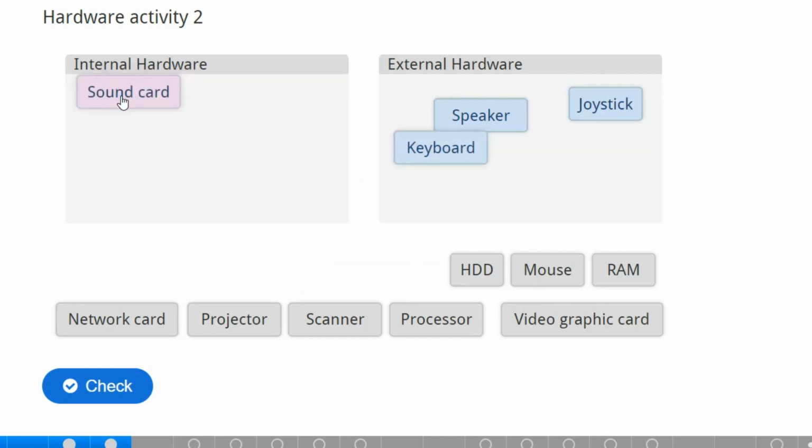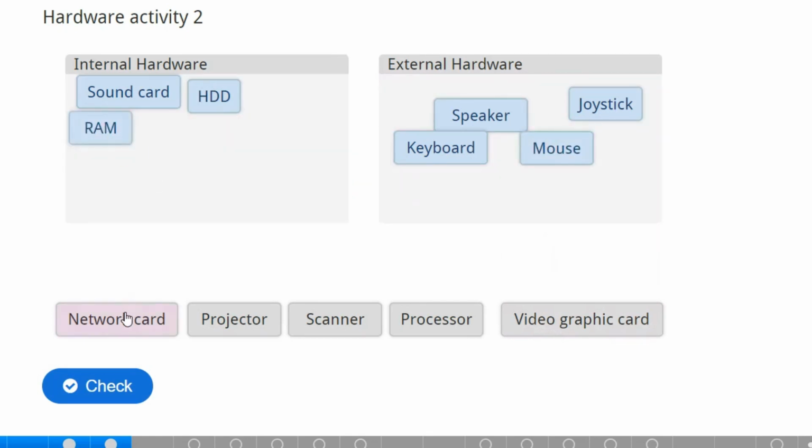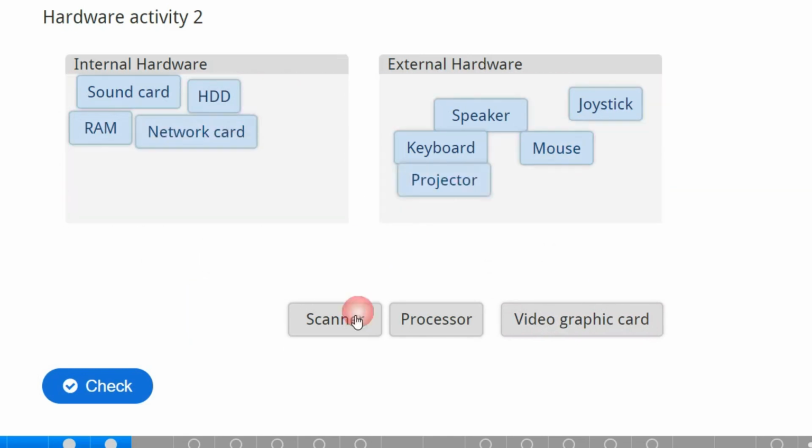Sound card. When you open your computer, your laptop, or if you are using a desktop, if you open the CPU, you will see that the sound card is inside it. All right. The same thing with hard disk, but mouse is not inside the CPU. RAM, random access memory, is inside. Network card is inside. Projector is outside. Scanner is also outside.